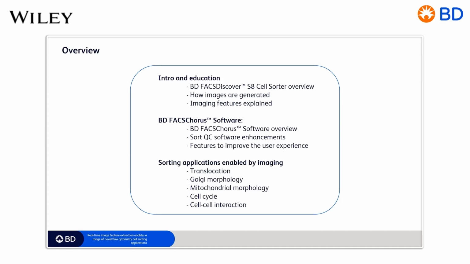And then I'm going to give an overview of FACSCourse, which is the software that runs this instrument. We're going to talk a little bit about some of the QC software enhancements and some other features that really impact the user experience. And then I will review a number of applications. I've got an example of translocation and Golgi morphology, mitochondrial morphology, cell cycle, and a cell-to-cell interaction assay.